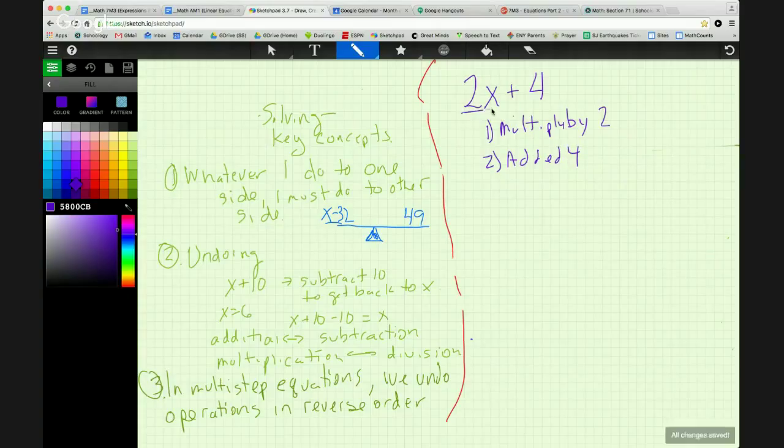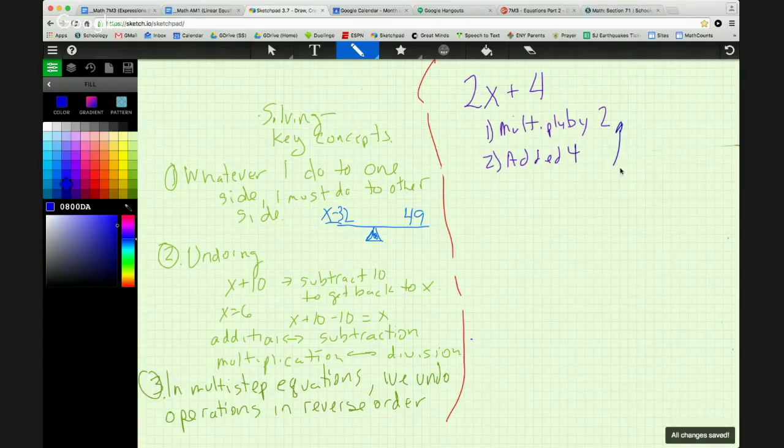This is what I did first, and then this is what I did second. So the key concept is that when I want to undo this operation, I have to do it in reverse order.